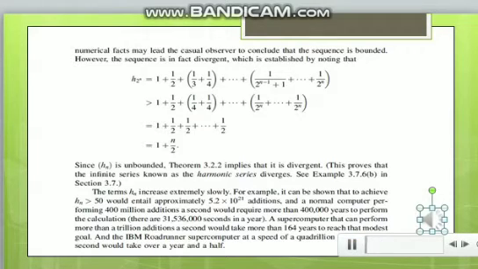Numerical fact may lead the casual observer to conclude that the sequence is bounded.